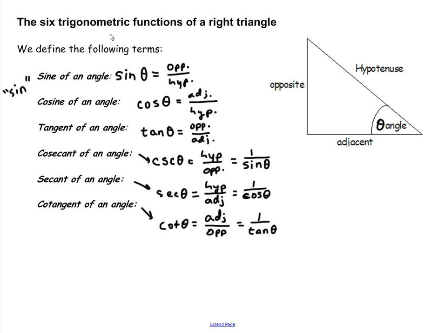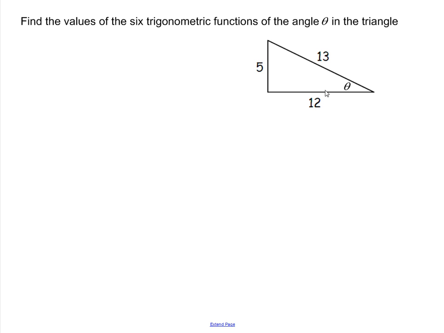Okay, so having given these definitions, let's just go through a really quick example. Let's say that I was dealing with my triangle that had 5, 12, and 13 and this angle theta. Then anytime I run into a similar triangle, I can use these ratios all the time.